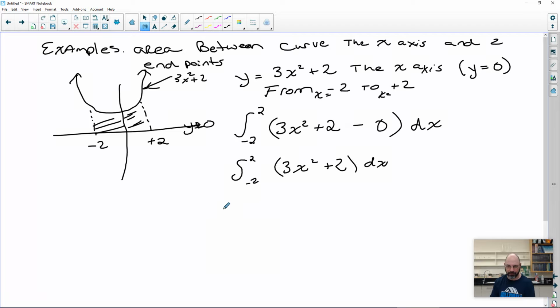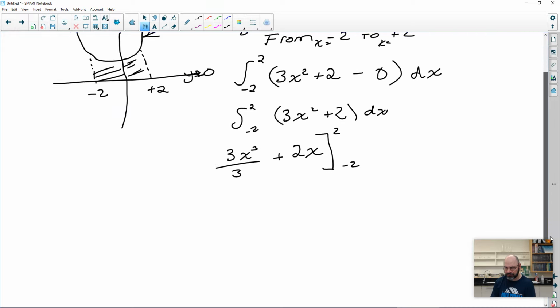Okay, and do the integration now. So this would be 3x cubed over 3 plus 2x. Plus c, but since we're doing definite integrals, that's going to be from 2 to -2. And we can simplify that a little bit to be x cubed, because the 3's cancel out, plus 2x from 2 to -2.